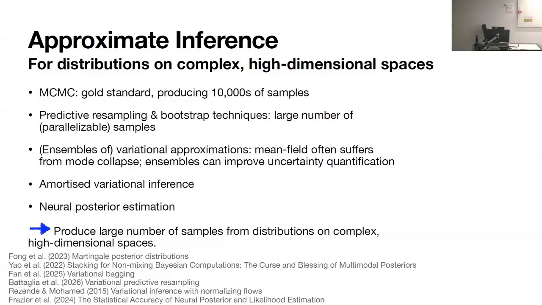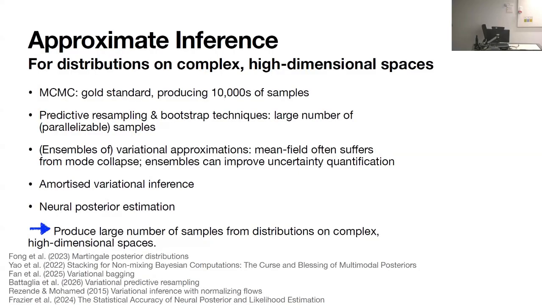But there's also been other work that do smarter ways of putting these variational approximations together. So you can do things like stacking, bagging, predictive resampling to have better ensembles of variational approximations.